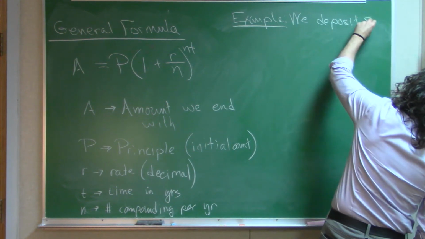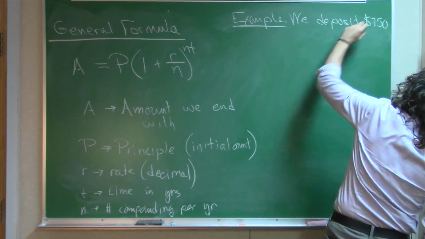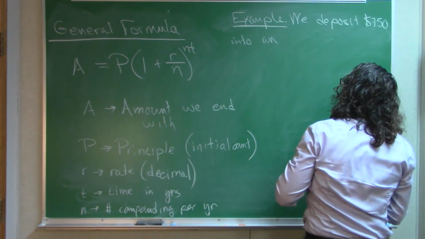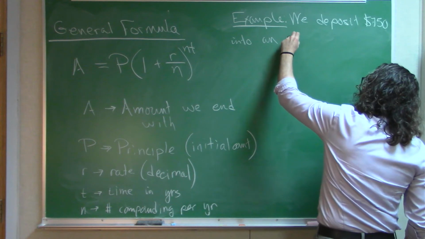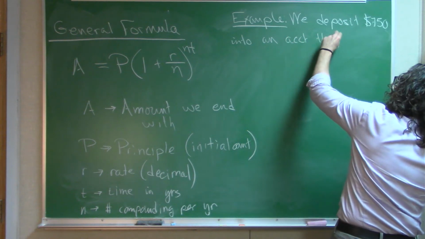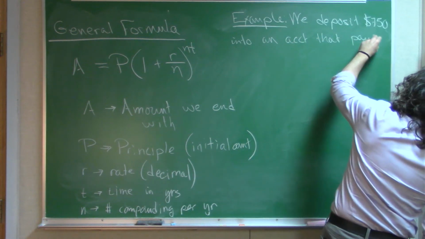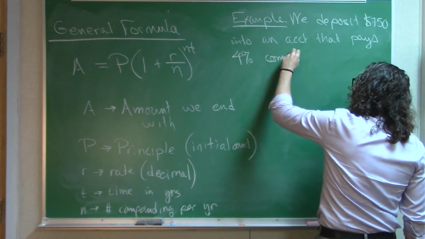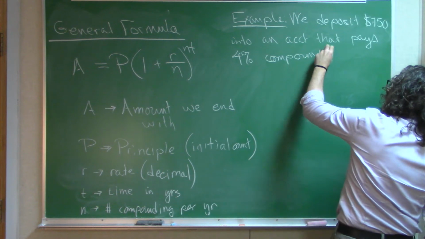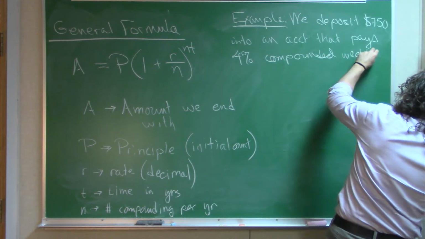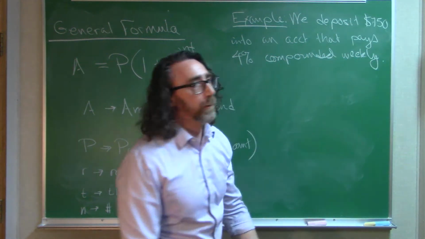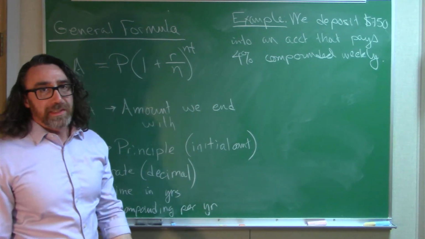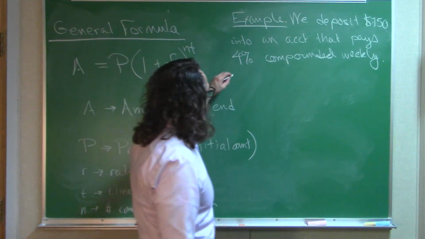We deposit, let's make it, $750 into an account that pays 4% interest compounded weekly. Okay, so we are depositing $750 into an account that pays 4% interest compounded weekly.